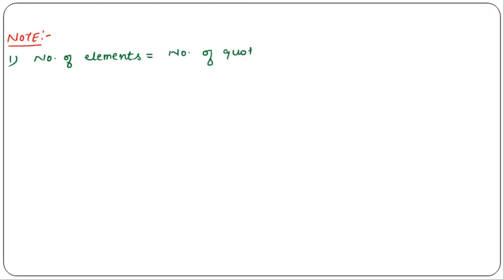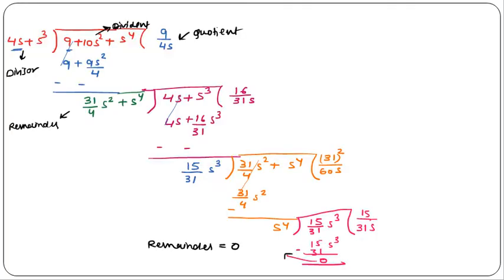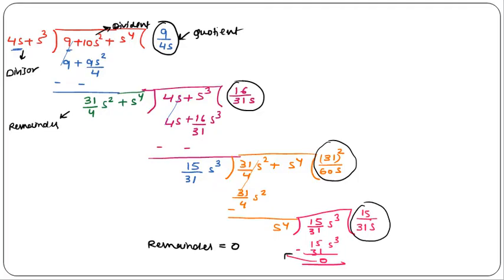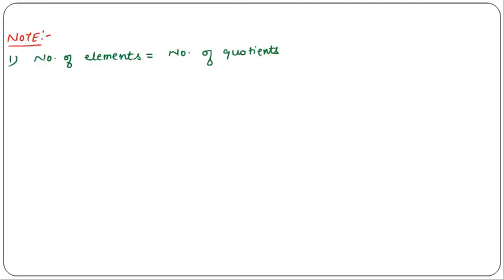If we see this division, we are getting 4 quotients. First is this one, second quotient is this, third quotient and this is the last. So it means the network we will synthesize will have 4 elements, so this will be equal to 4. And in the second point we have seen that all the quotients are positive.